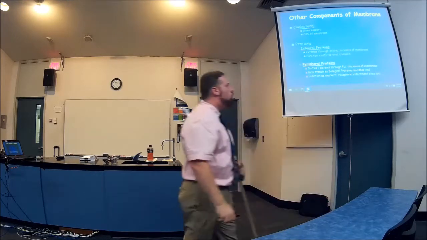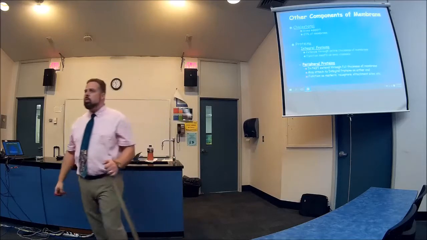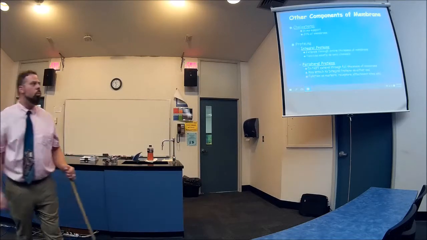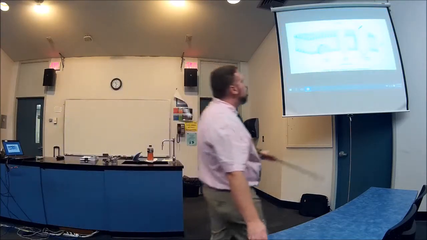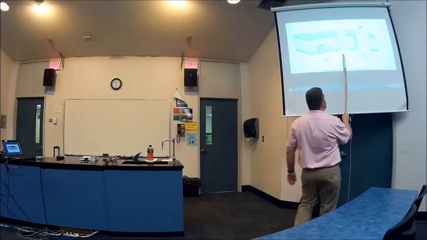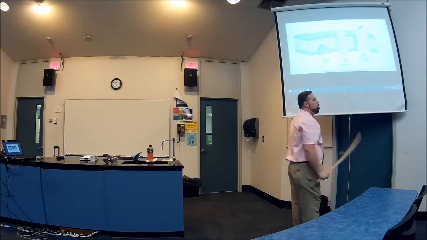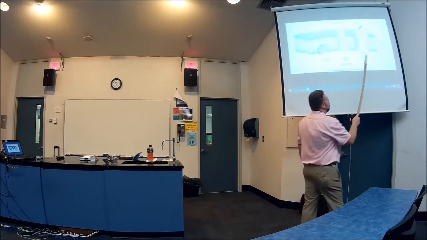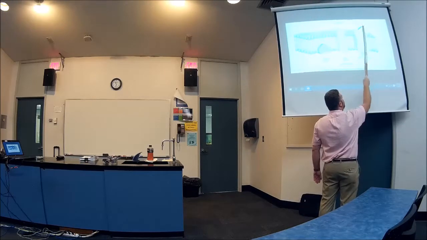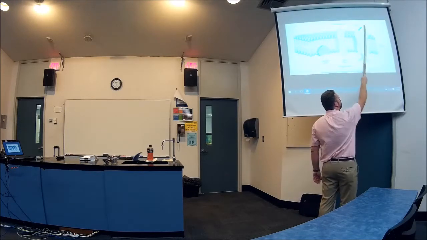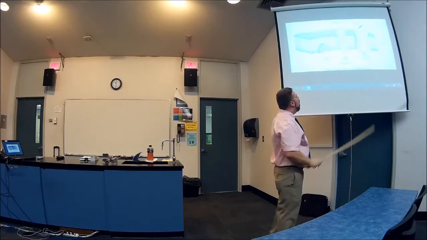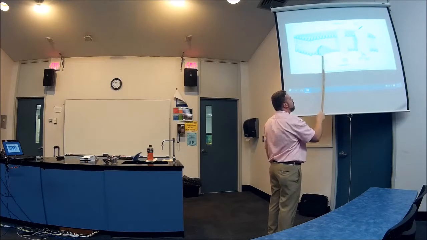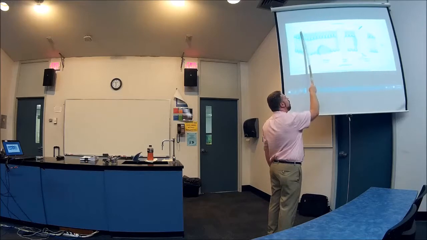Some of them are used as markers, receptors, attachment sites for things. So we have here one that's going right through here. That's an integral protein. Sometimes they can have a tunnel in there, allow certain things to come through and certain things to go out. Other proteins could be just on one side, that's a peripheral protein. Or there could be one over here.